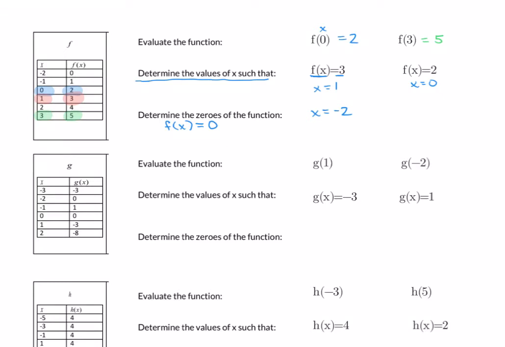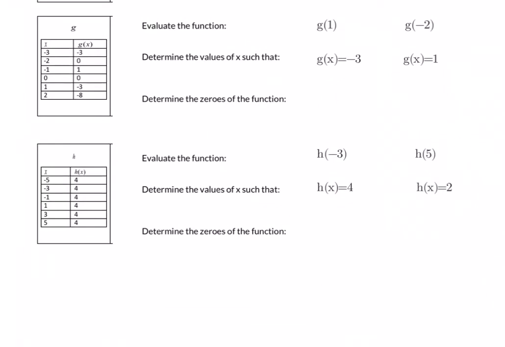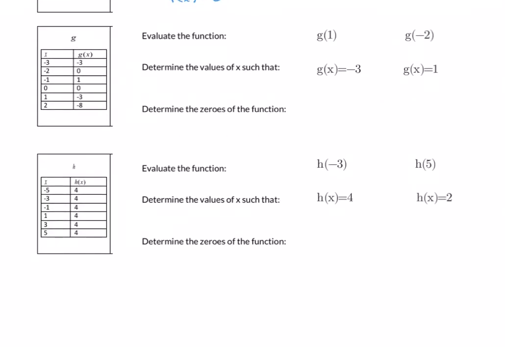All right, that takes care of our f of x function. So let's look at a couple more. If we look at g, first thing we have is evaluate the function. Remember again that numbers inside the parentheses, these are our x's.